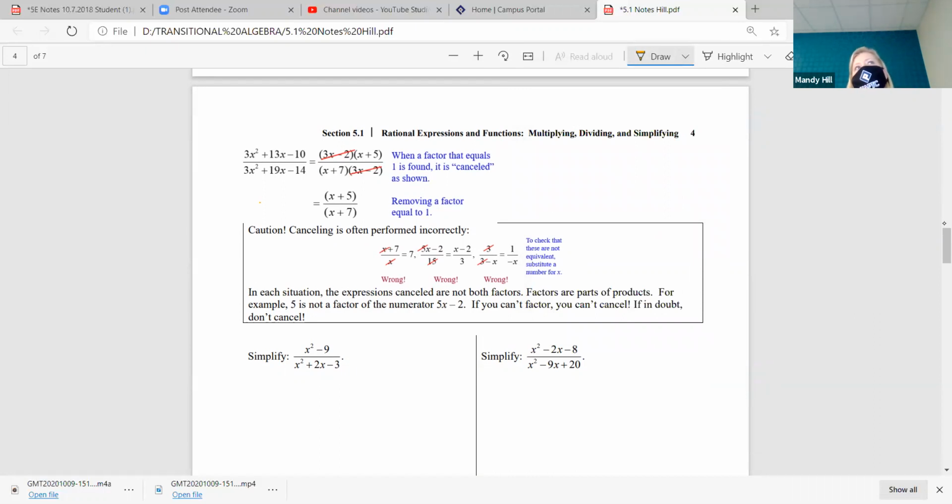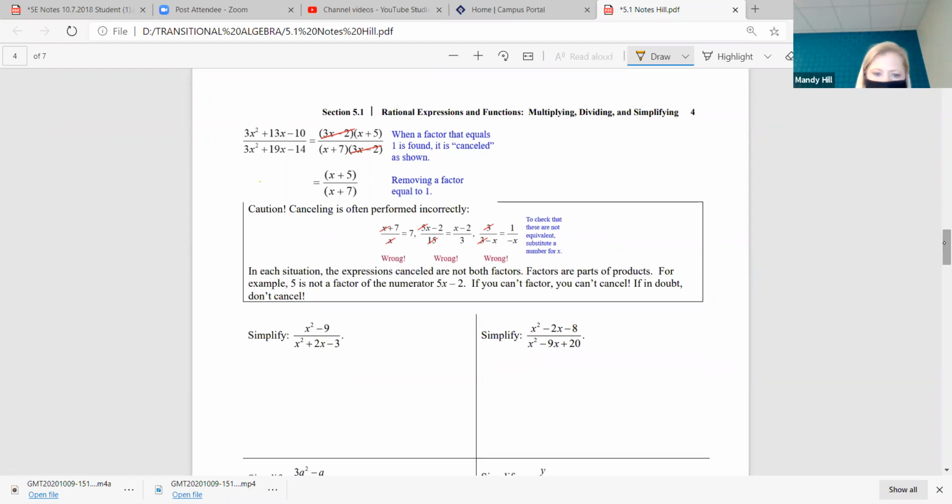The 3x minus 2 and the 3x minus 2 were both the same. So they could mark those out because that just turns into 1. And all you're left with is x plus 5 over x plus 7 when those other two things cancel out.